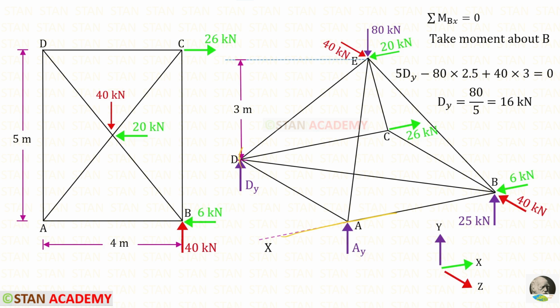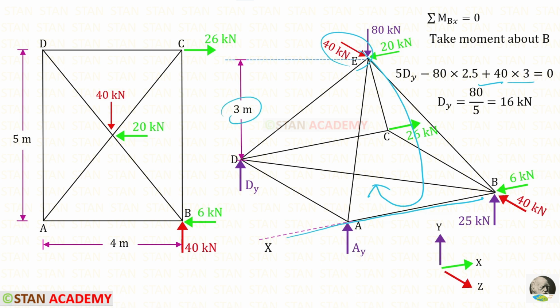About this, Dy is acting in the clockwise direction, so it will be positive and the distance is 5. So 5 Dy. 40 kilonewton is acting in the clockwise direction, so it will be positive. About this, the perpendicular distance of 40 kilonewton is the height, which is 3 meter.